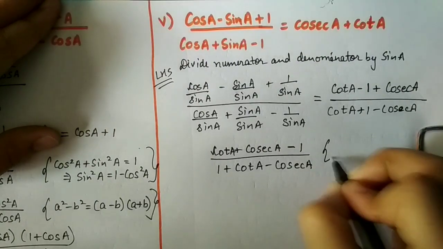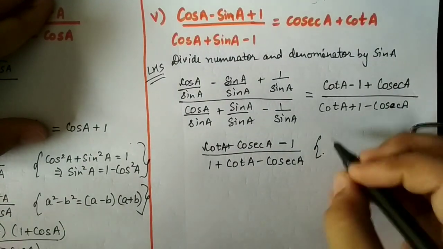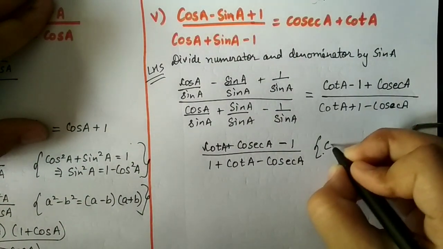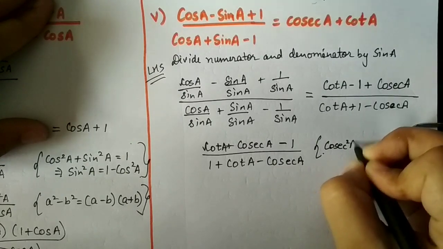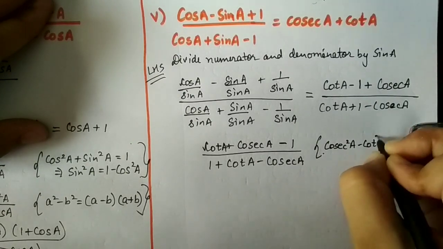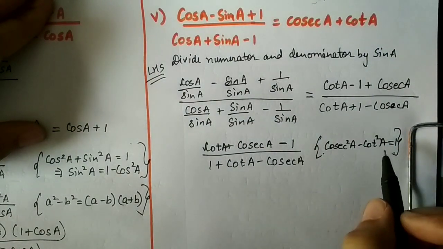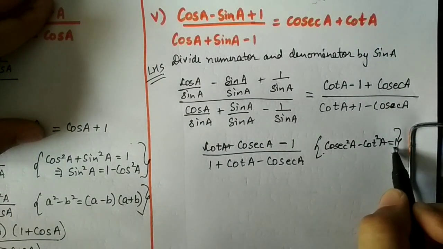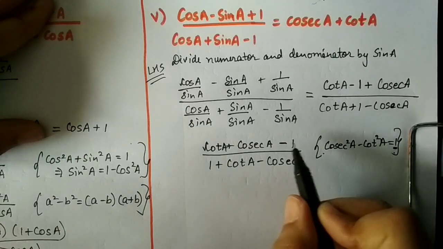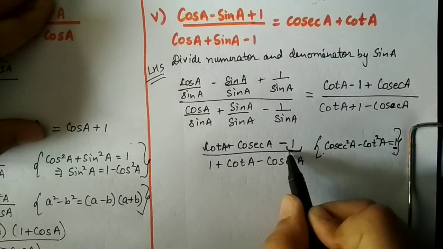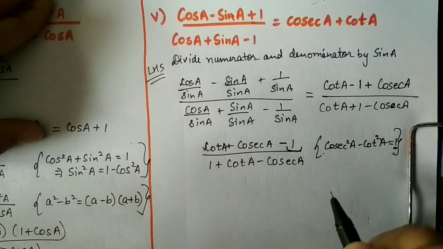Now you know one identity of cot and cosecant, that is cosecant square a minus cot square a is equal to 1. So from here you can get the value of 1. It means you can replace this 1 with cosecant square a minus cot square a.